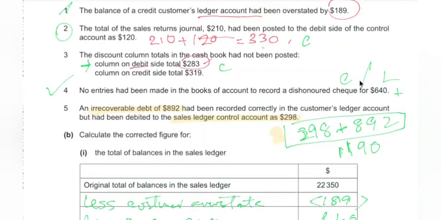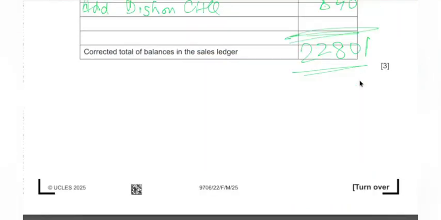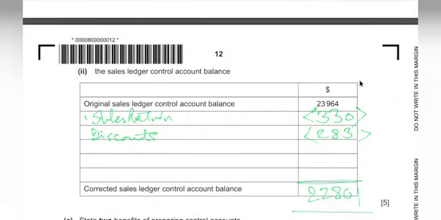And then we had dishonored check, right, which wasn't recorded at all. So when we put that dishonored check over here, because it has been dishonored, this is again part of your credit sales. So this will increase by 640, right? So we add the dishonored check by 640.